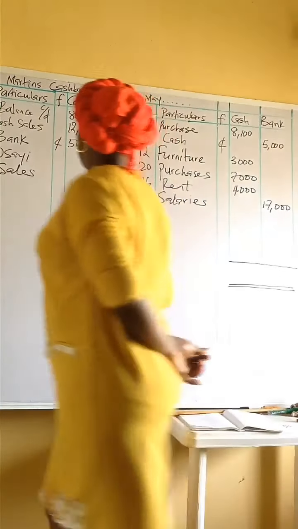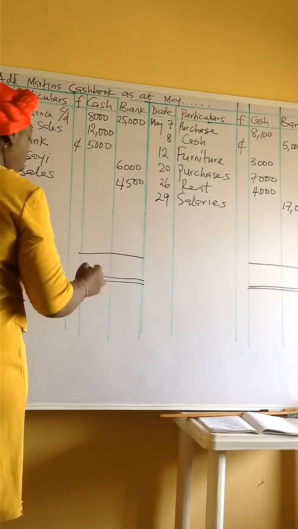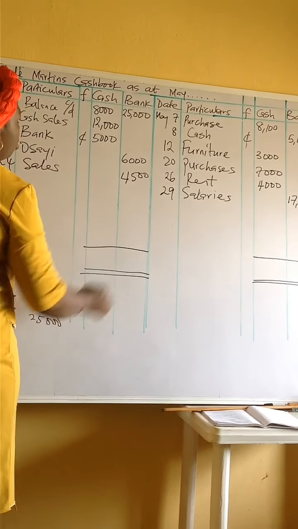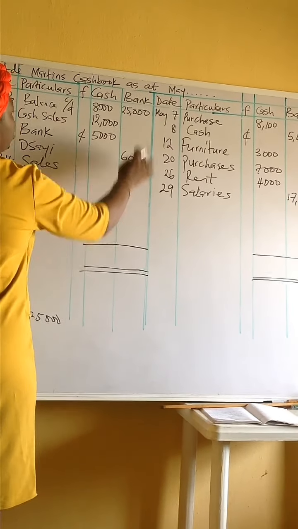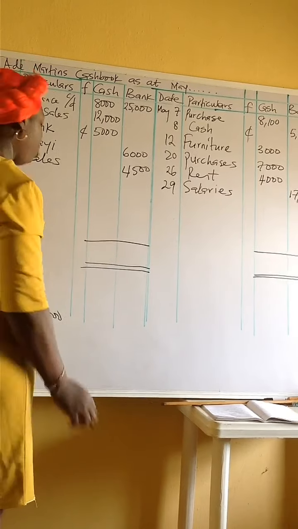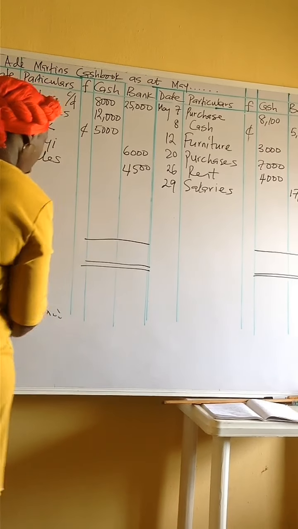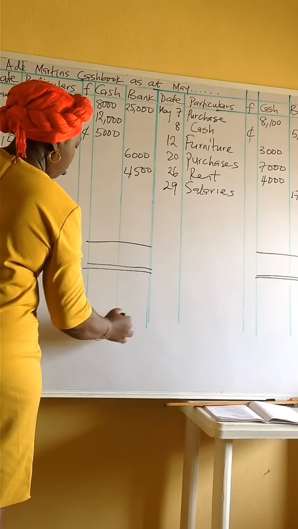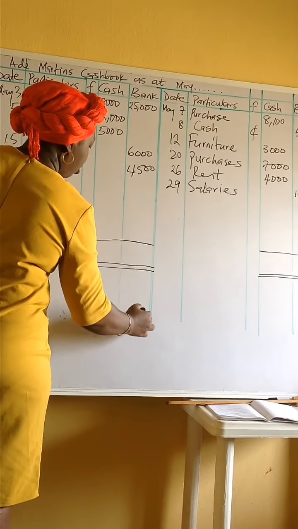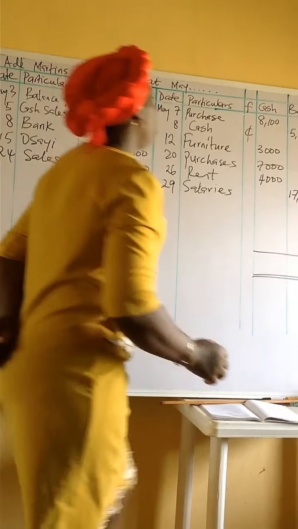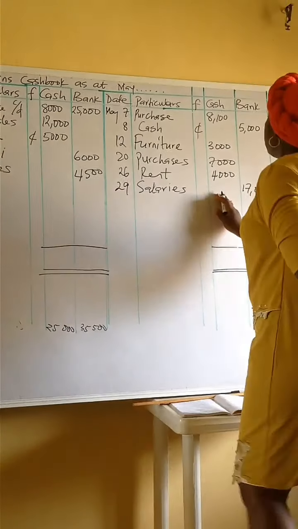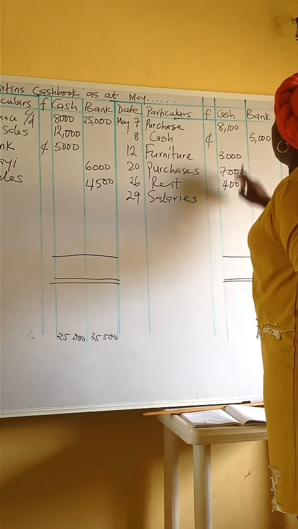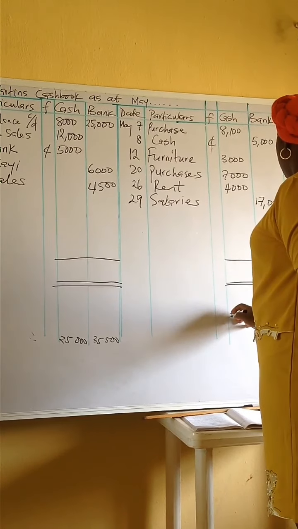Let's add this side together. This is 25,000. Let me put it here first. And this is 35,500. Then let's add this now. This plus this is 22,100.